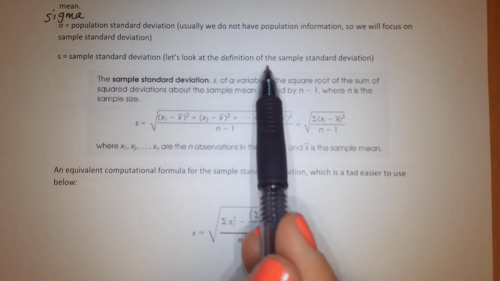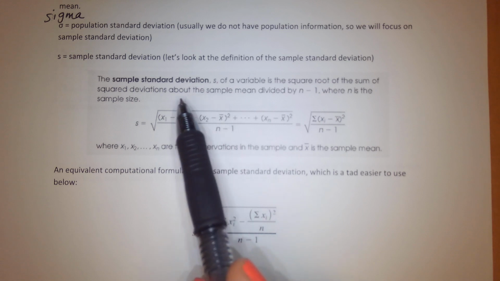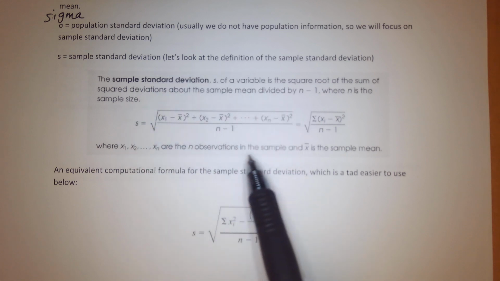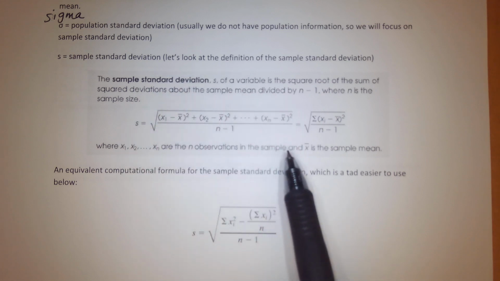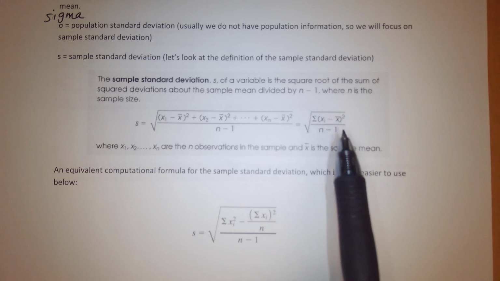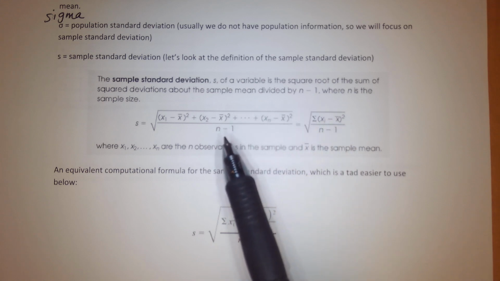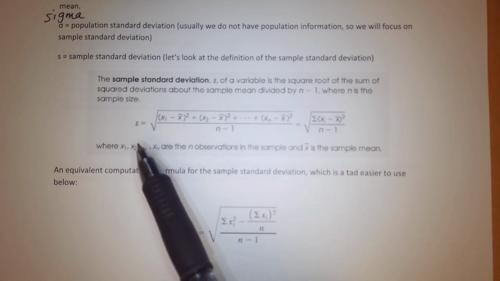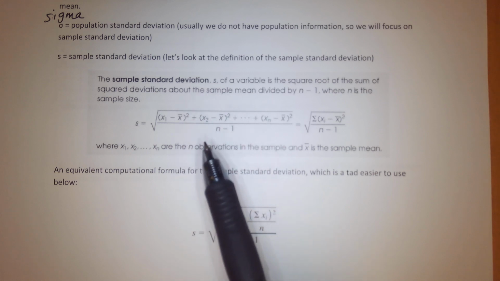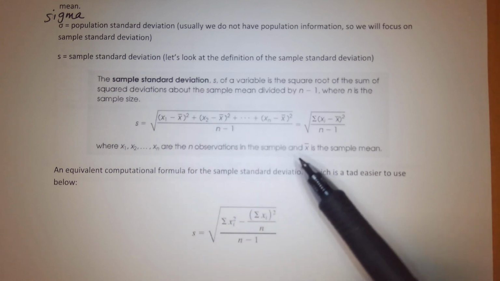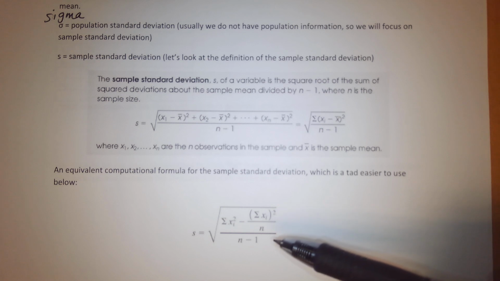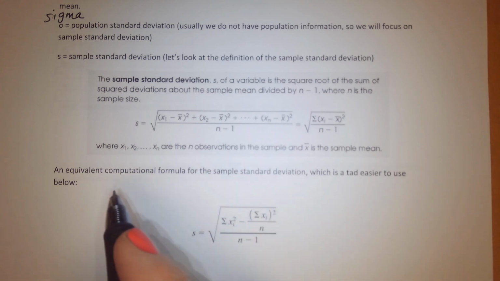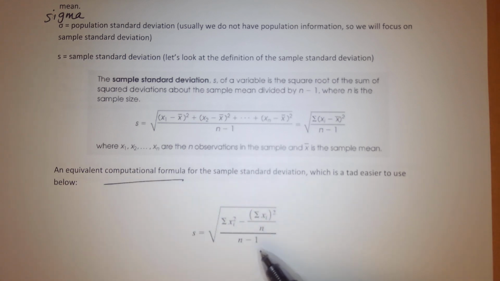So let's look at the definition of the sample standard deviation. This sample standard deviation by hand is quite a complex formula. There are simpler methods, which I will show you in a moment, but to do it by hand, we have to use this formula. There is this formula, and then there's also an equivalent computational formula that we can use down here, which is a little bit easier to use.